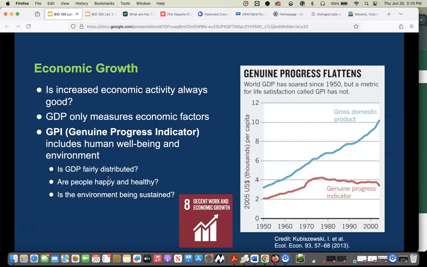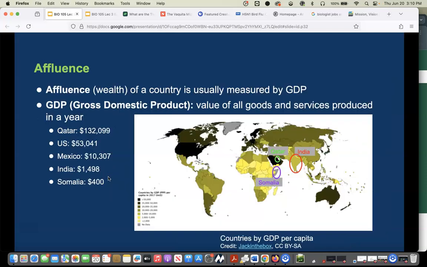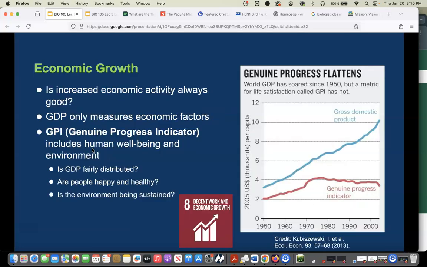When we look at GDP per capita, when we look at the US, $50,000, every family is not living off of that, okay? So is that GDP fairly distributed? Or is most of the wealth with a small group of people and then a larger group of people are in the poorer category?